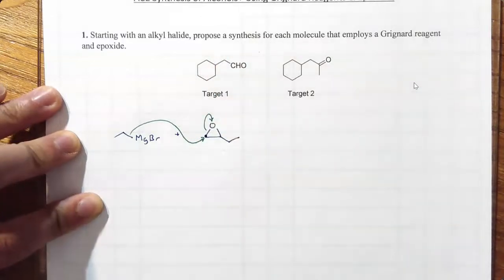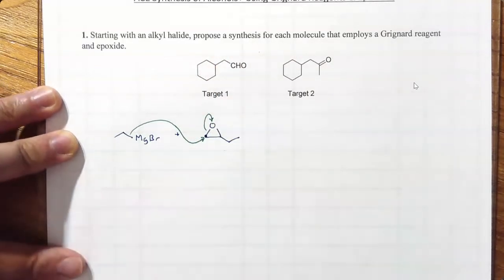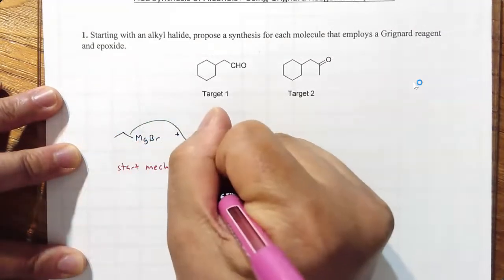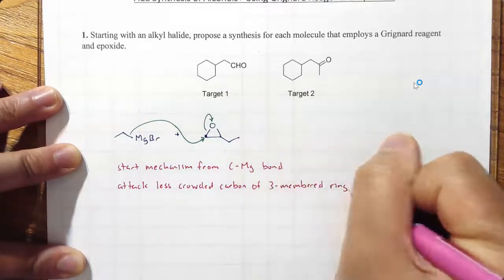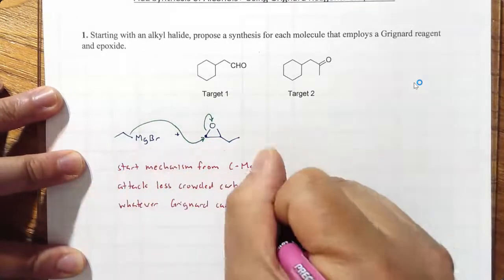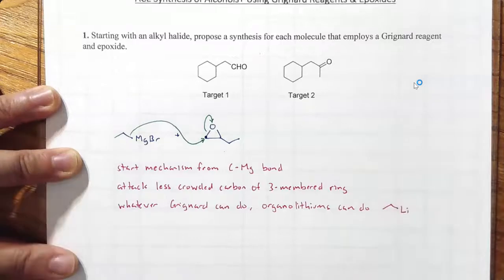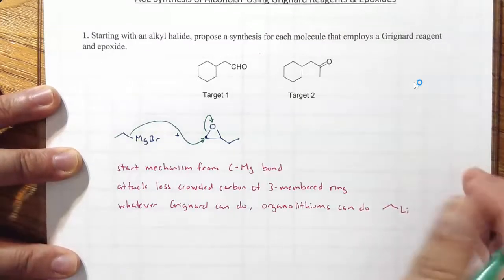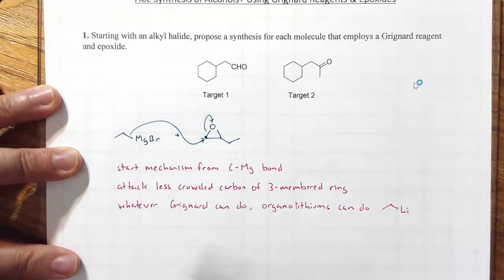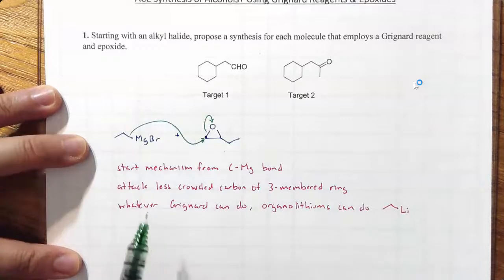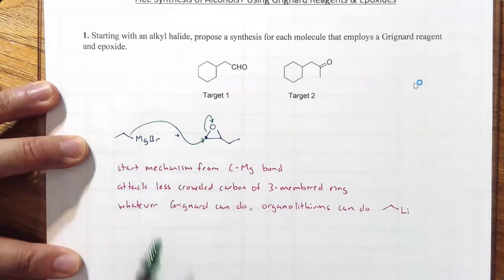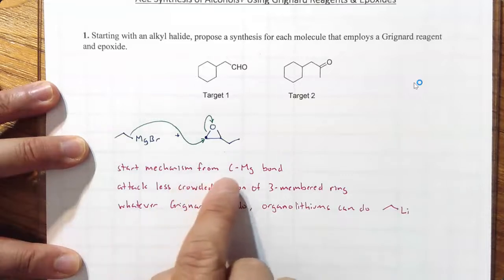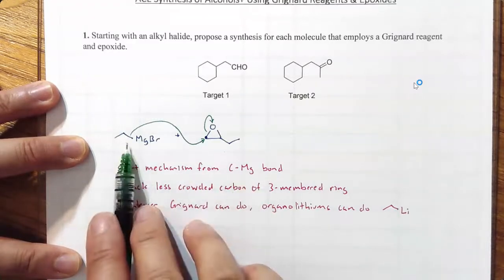Before I continue, let me jot down a couple of rules that I want my students to remember. The form of the Grignard reagent that I'm using is the one with a covalent bond, and when I have that Grignard reagent attack the epoxide, I start the mechanism arrow from the carbon-magnesium bond.